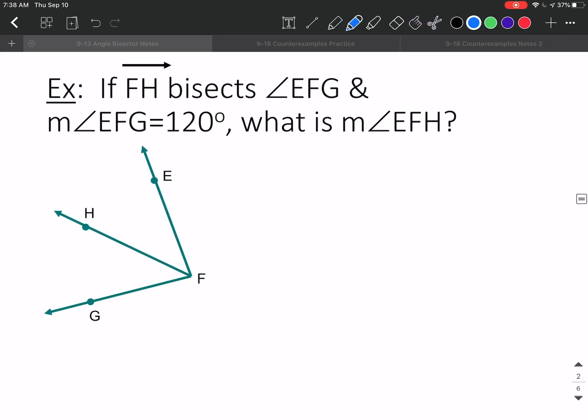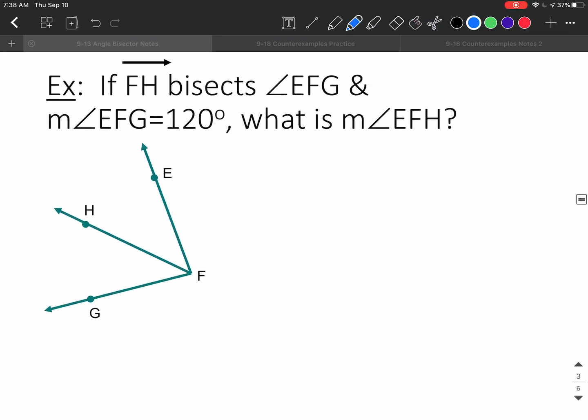Our first example: if FH is an angle bisector, so FH is right here, it's splitting our angle in half. And if the measure of EFG is 120, so EFG, I'll mark in blue, I know that is 120 degrees. What is the measure of EFH? EFH will be just this half.